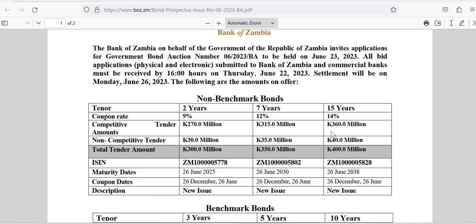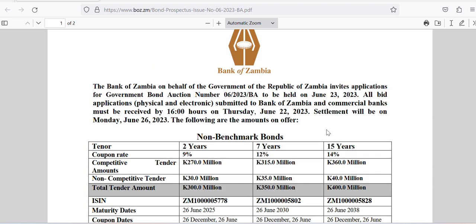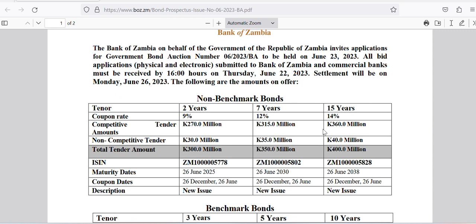The first document is an invitation. What you can see on the screen is an invitation to the members of the public for application for government bonds. This is issued by the Bank of Zambia on behalf of the government of the Republic of Zambia.